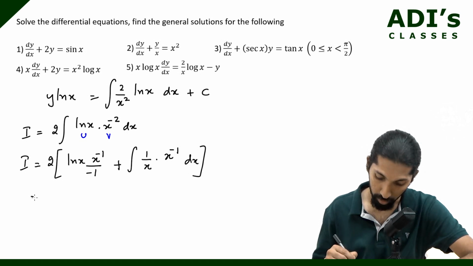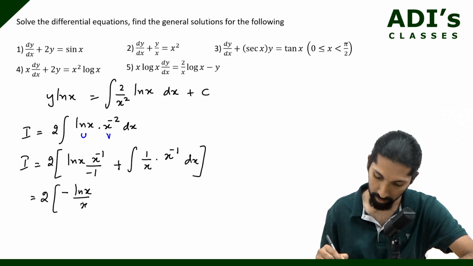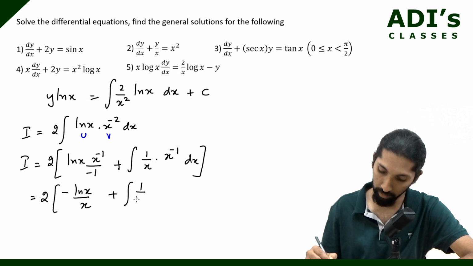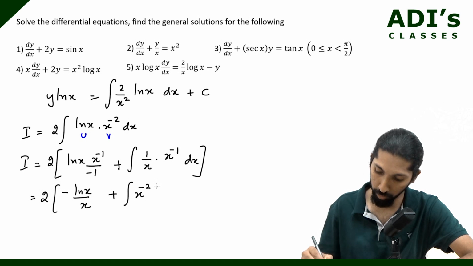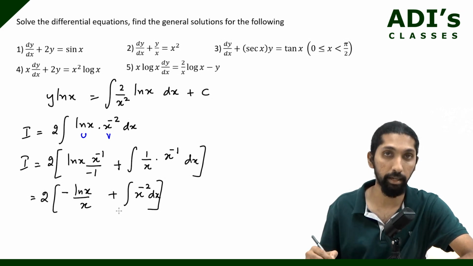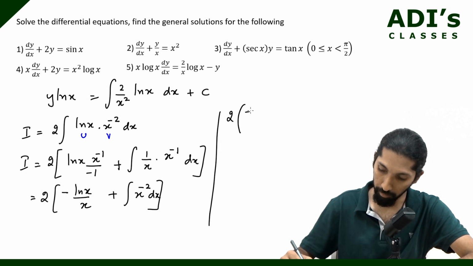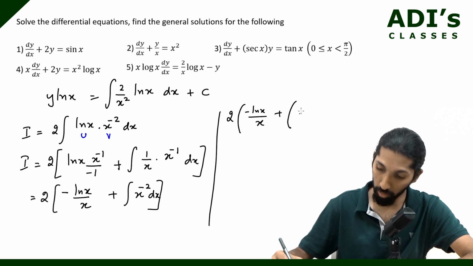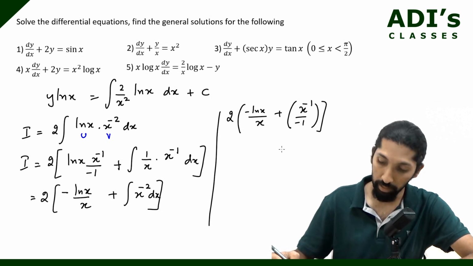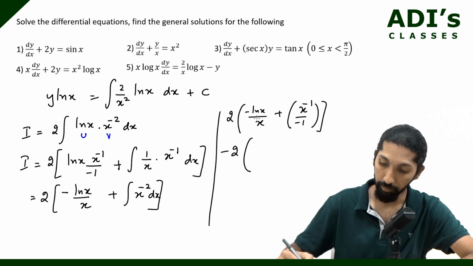isn't it? So 2 times minus log of x by x plus integral of, see, instead of writing 1 by x square, we can write x power minus 2. It's the same thing, right? So what do you get? We'll get 2 times minus log of x by x plus x power minus 1 by minus 1. Now see, we can take the minus sign outside. That means minus 2 times, what do we get?